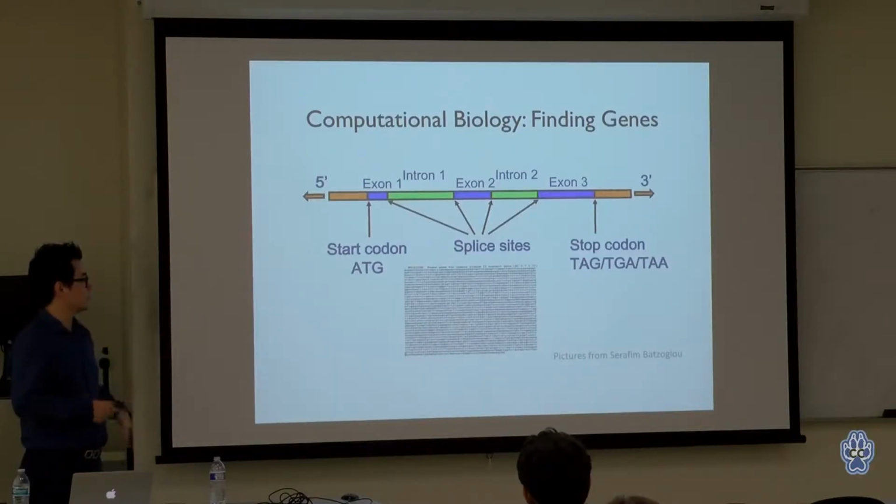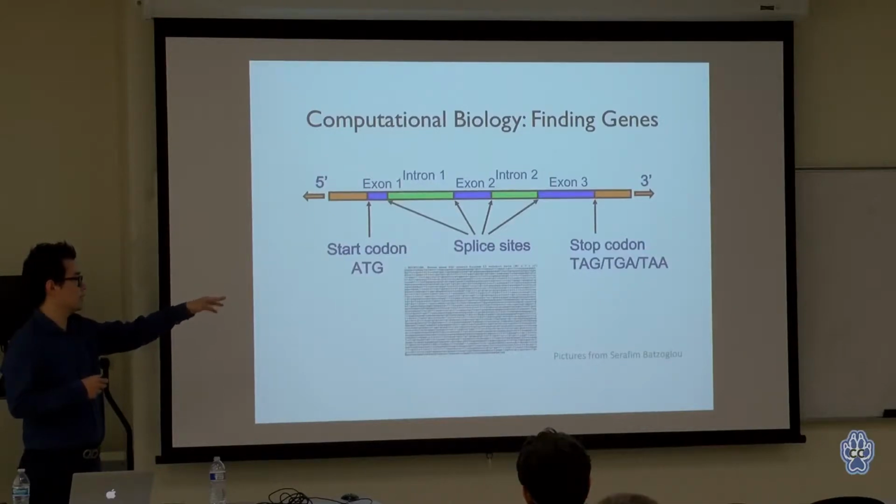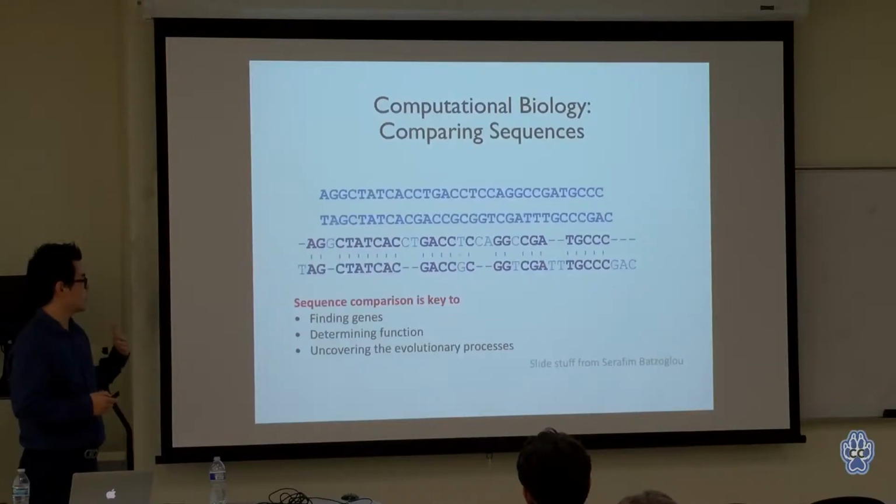So the way to do that in NLP is that you can build one thing called a language model, right? And understand the transitions between these letters, right? So TAG, TGA, TAA, how do they go from one to another? So essentially you can build language models and find the sequences that really matter and what the special ones are.